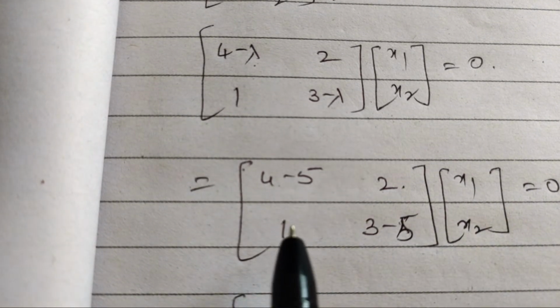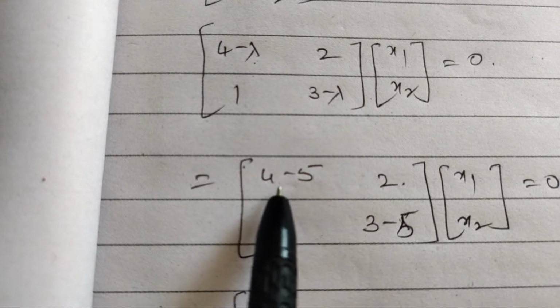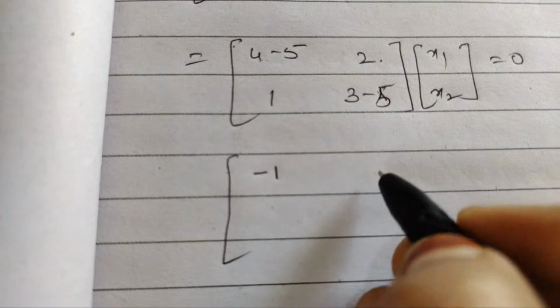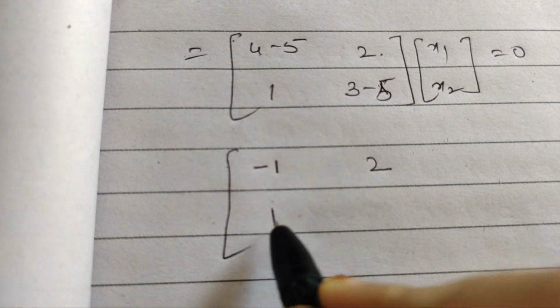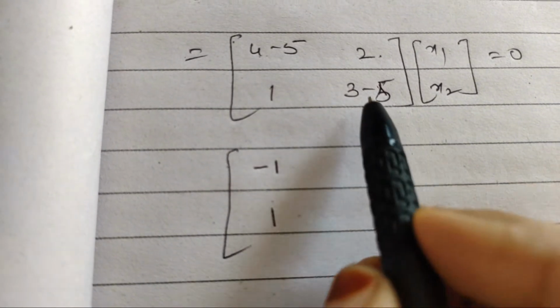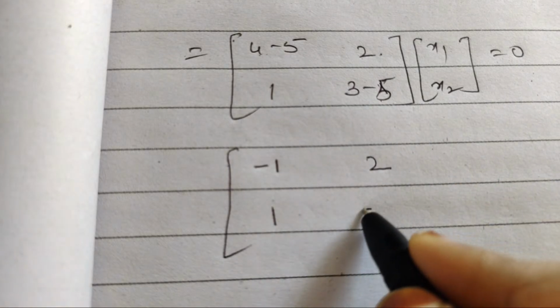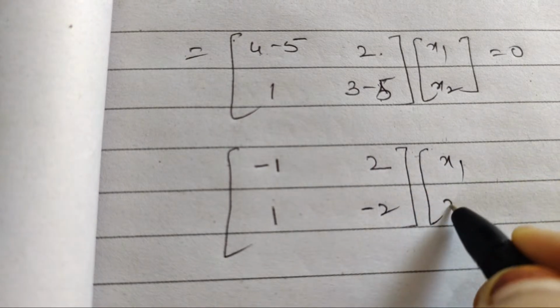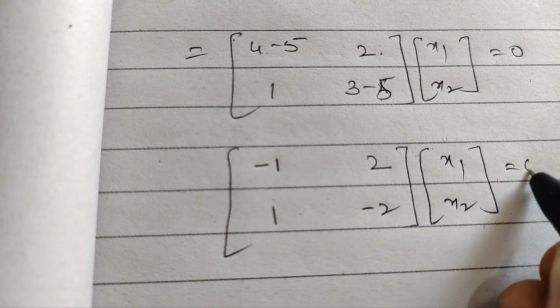So 4 minus 5 equals minus 1, then 2, 1, and 3 minus 5 equals minus 2, x1 x2 equals 0.